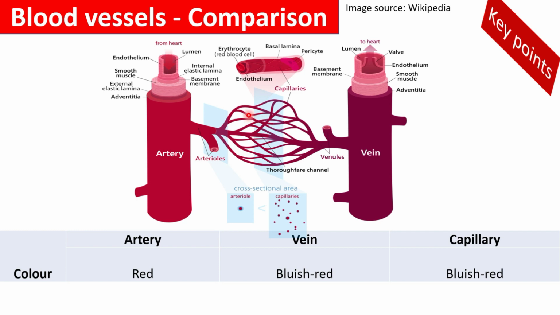The capillaries will supply oxygen to the nearby cells and tissues, and from the nearby cells and tissues they collect carbon dioxide and they bring it to venules, and from here the blood enters inside veins. So, the blood present in this area of the capillaries and in the vein, it will be bluish red in color.